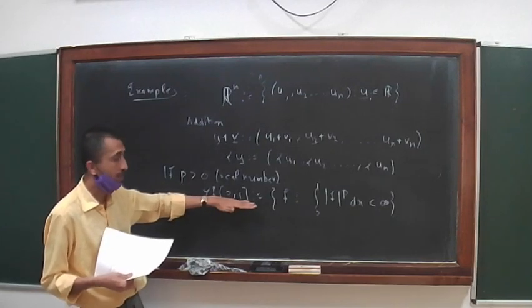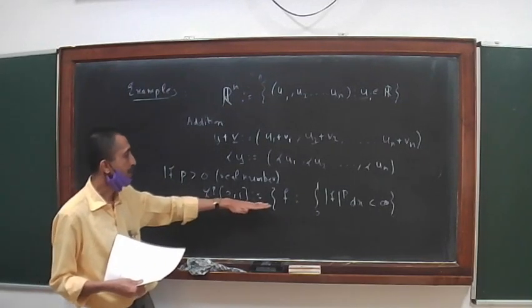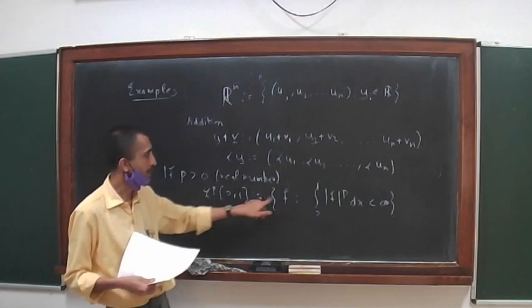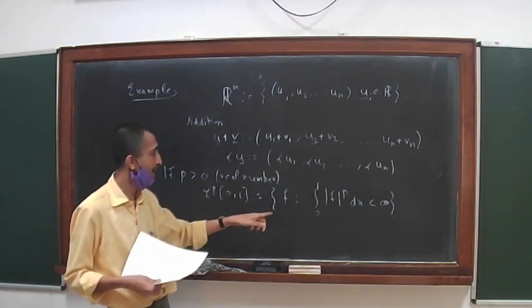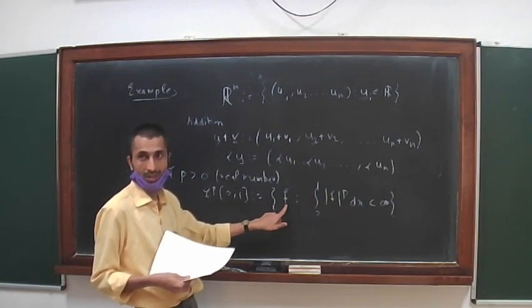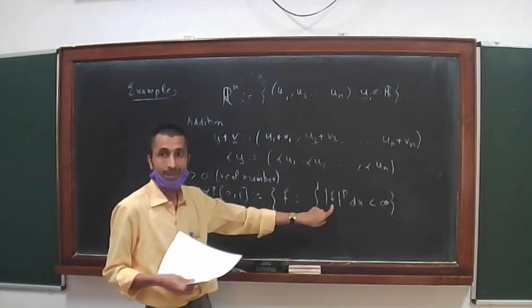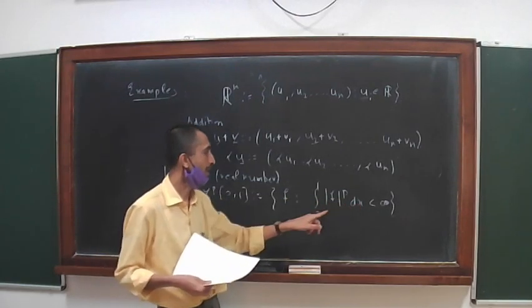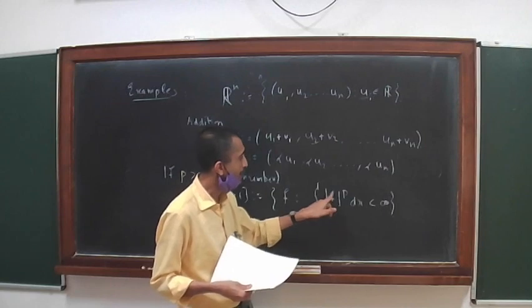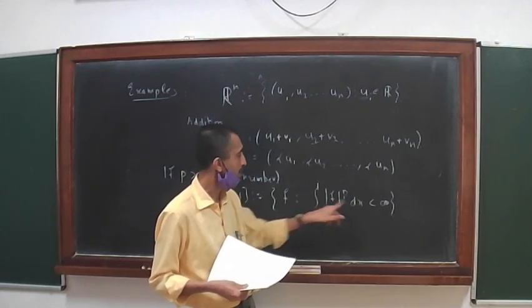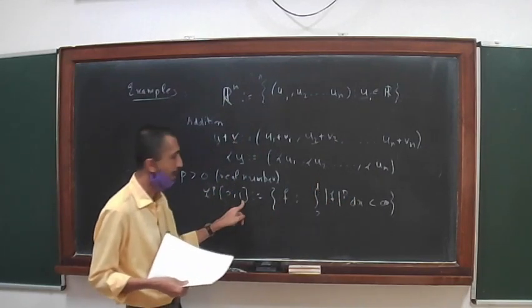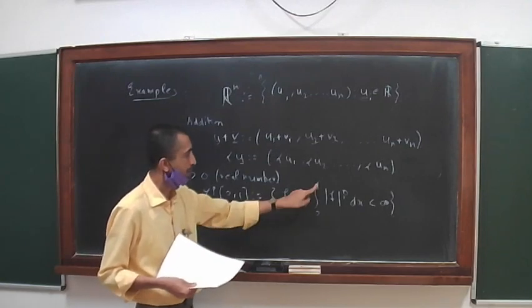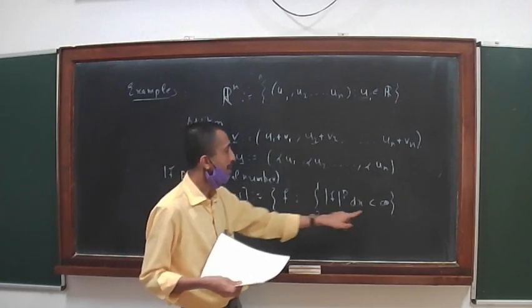So LP associated with the domain 0, 1 is the space of all functions. The way this statement is to be read is, it is the space of all functions, and this colon means such that they have to satisfy this particular constraint here. So the integral of mod f raised to p dx from 0 to 1, because 0 to 1 is the domain that we are talking about, so those are the integration limits, should be bounded.